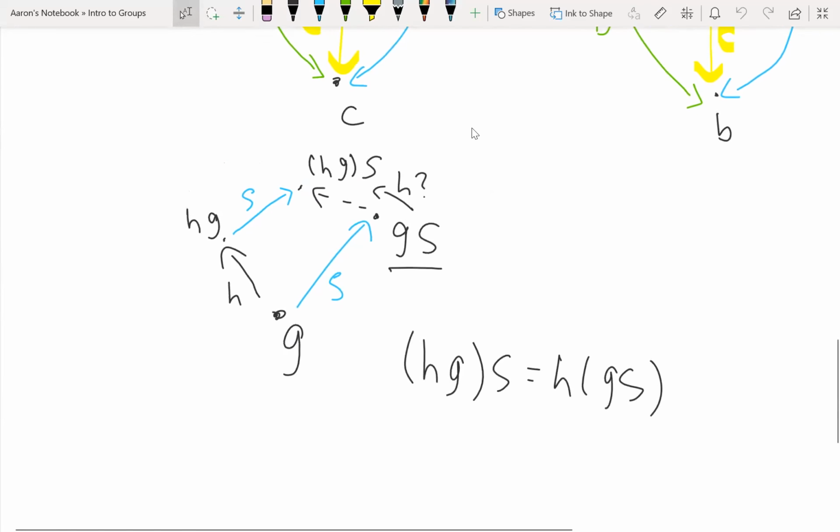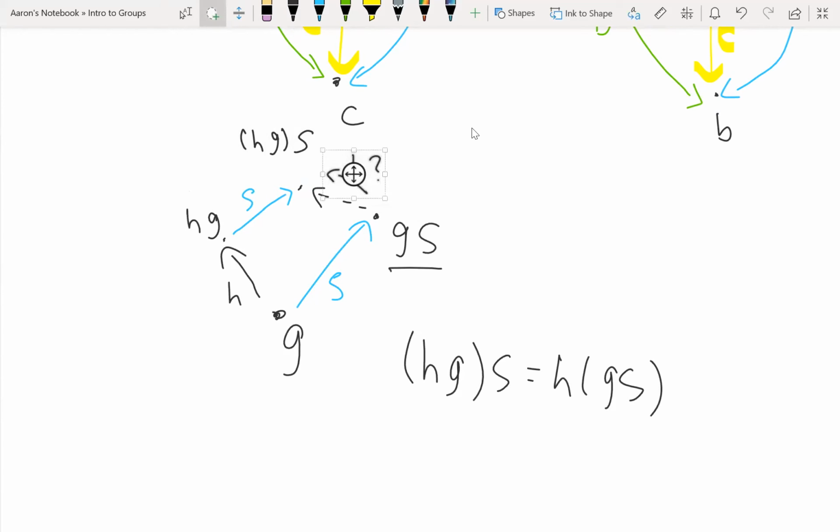This is really the fundamental question here. I want to emphasize this. Let me move stuff over here. Right.